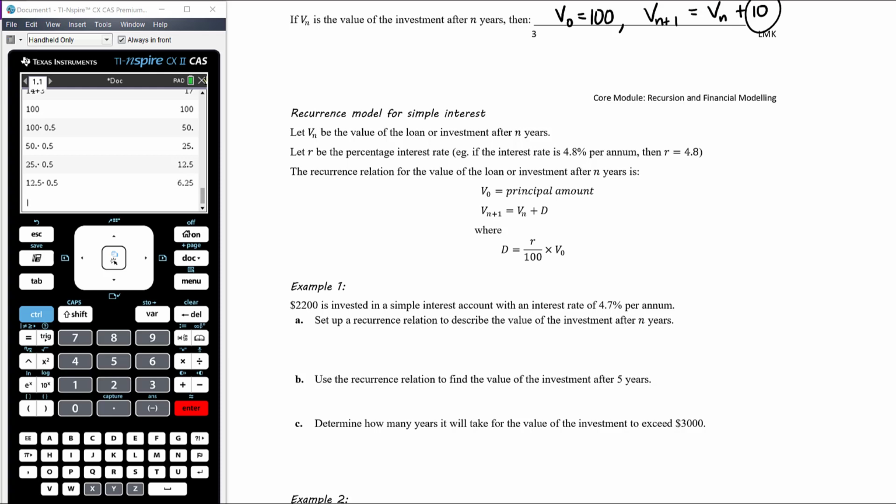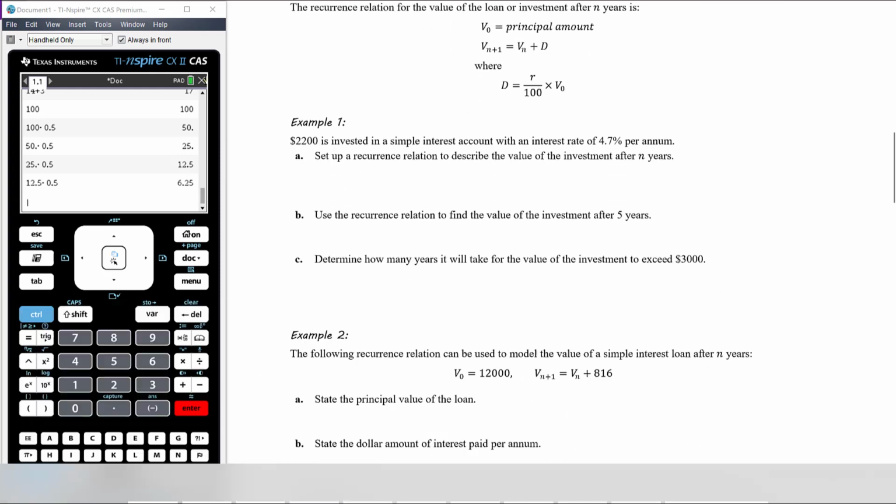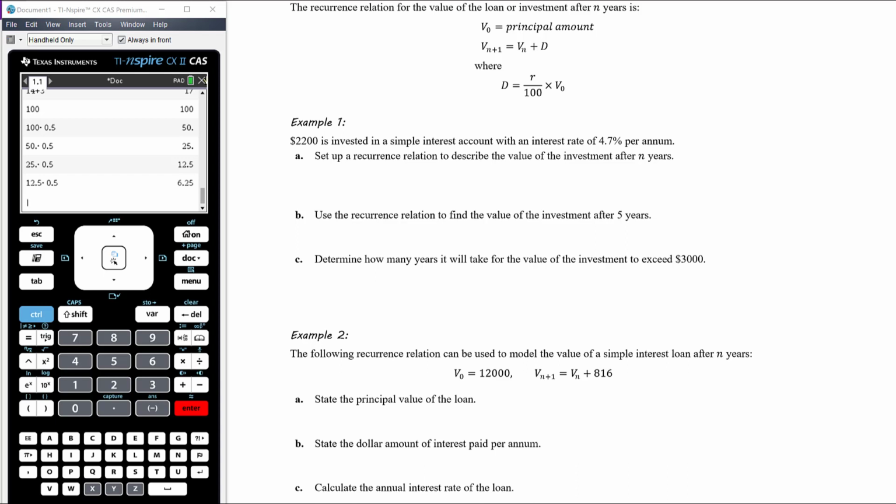Okay, let's have a look at an example, a couple of examples. $2,200 is invested in a simple interest account with an interest rate of 4.7% per annum. Set up a recurrence relation to describe the value of the investment after n years. Okay, so the first thing we actually need to know is what's the simple interest? How much interest gets added on each year? So that's our value of D if we think about the formula, but again, don't get too bogged down in formulas here.